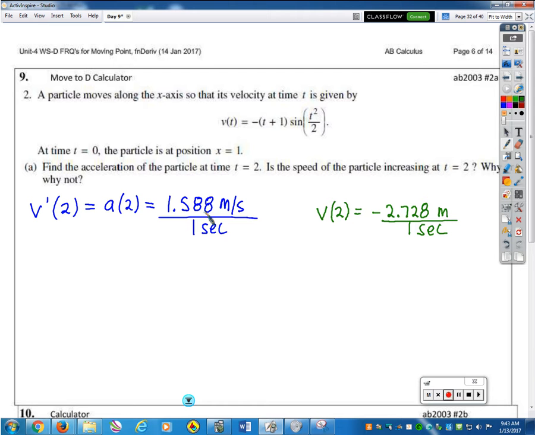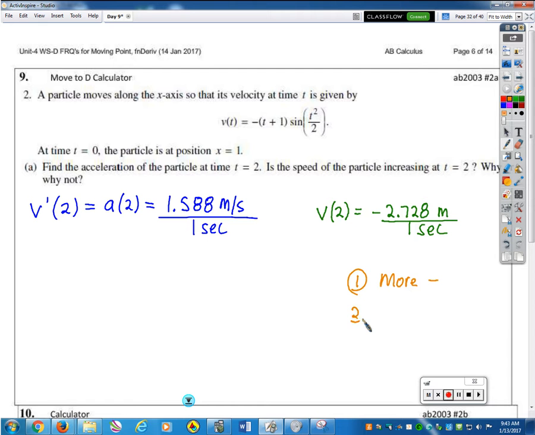So check the whole room on this one. We've got 2 options here. I want everyone voting. Option 1 is that this is the velocity and this is the acceleration, and if we go forward in time a little bit, is the velocity based on this acceleration going to become more negative?